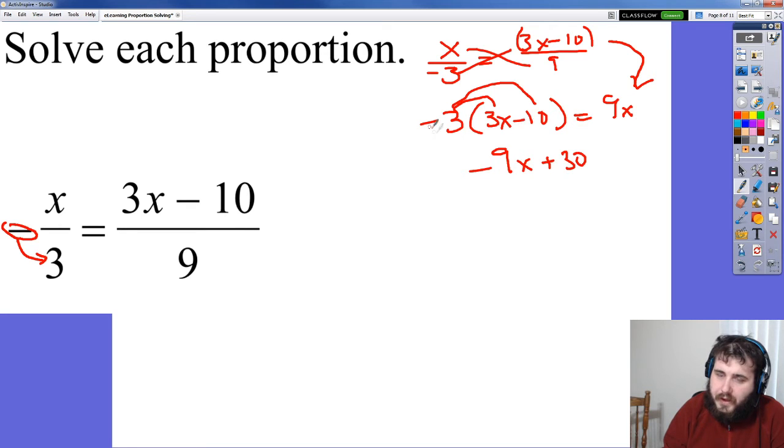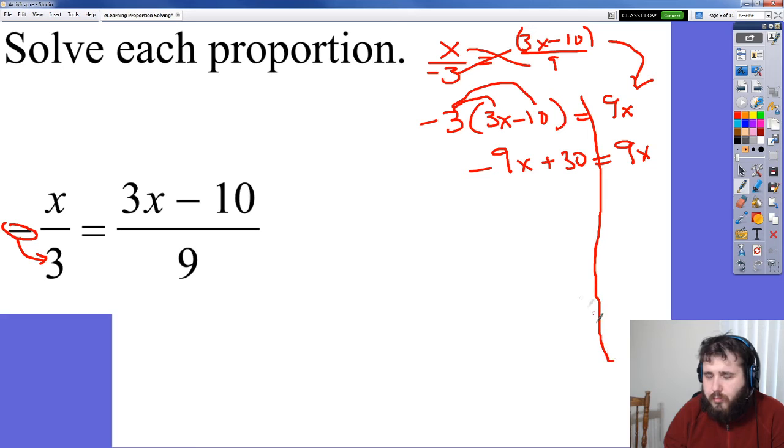And here, a negative and a negative, two negatives make a positive, right? Now, here's where things start to get complicated. Look how there's a variable on both sides. It behooves us to keep something on both sides. Notice that this variable is already by itself.